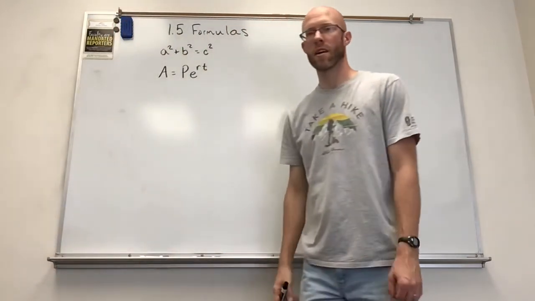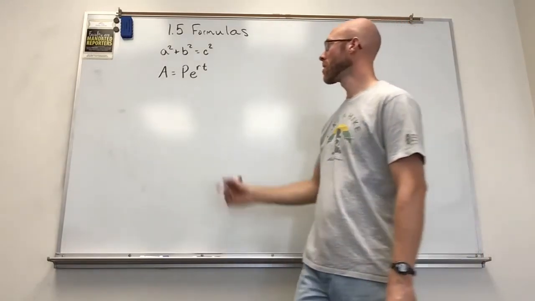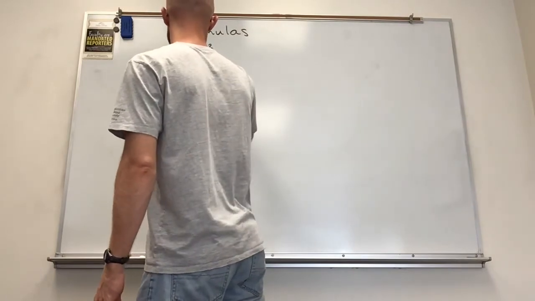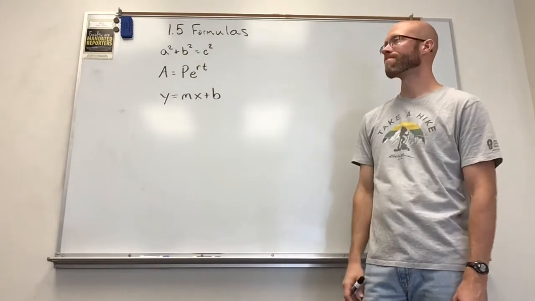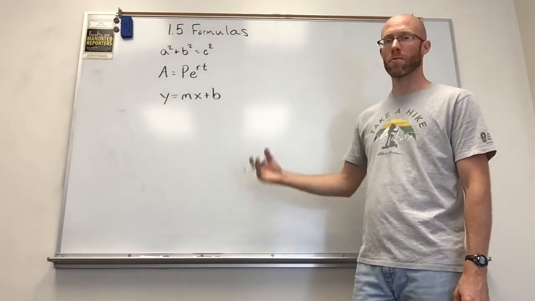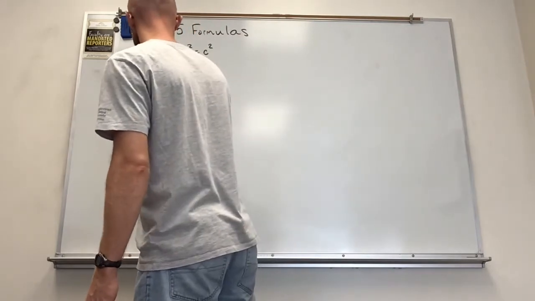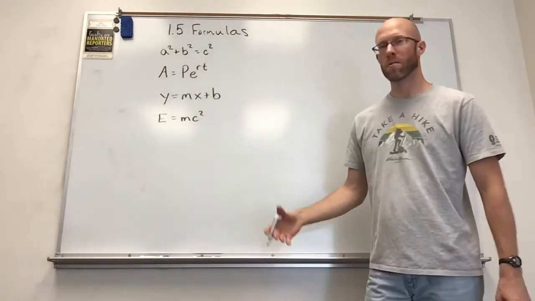This is a financial compound interest formula. We have things like y equals mx plus b, the slope-intercept form of a line. We have Einstein's formula, E equals mc squared. You've probably seen things like this.